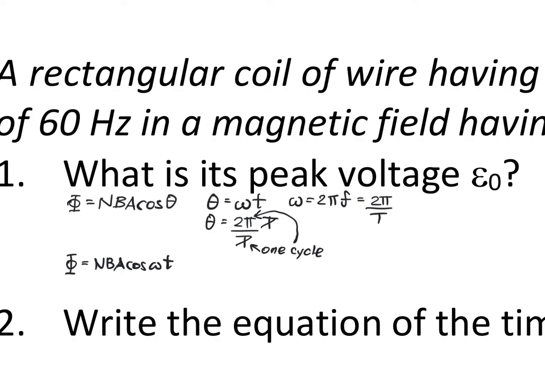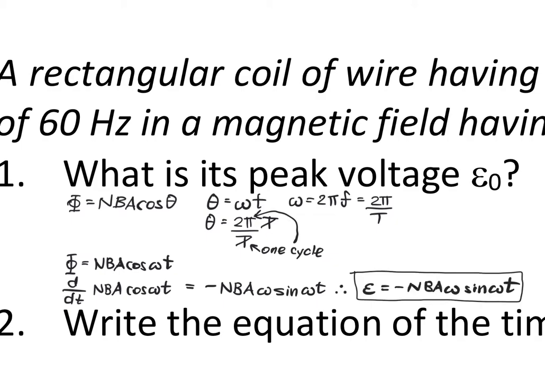And so if I take the derivative of that, the derivative of cosine omega t is negative omega sine omega t. So yeah, there's our EMF as a function of time instead of as a function of angle.